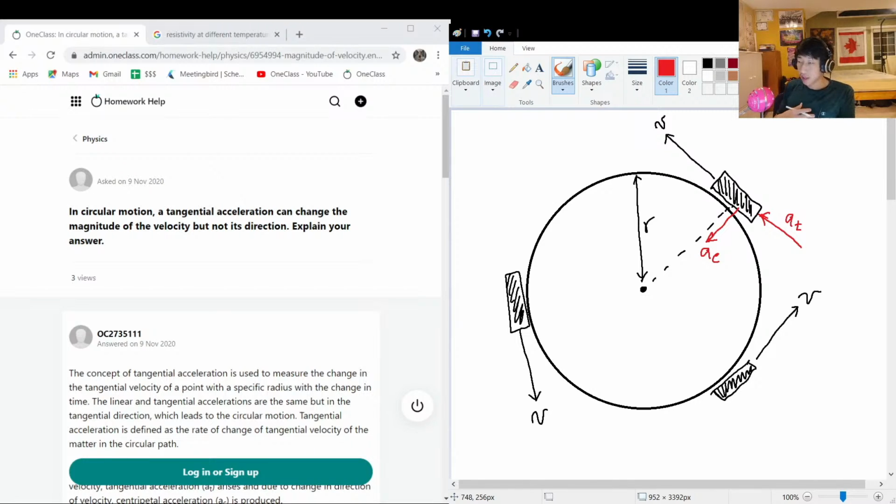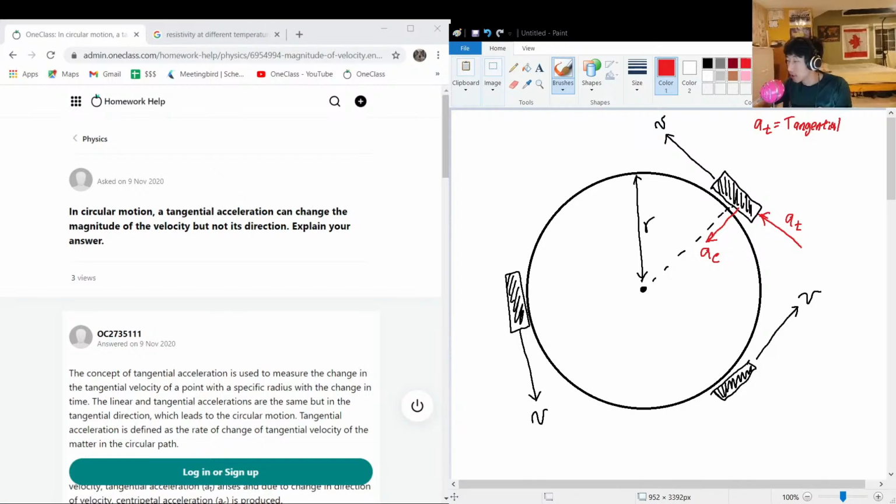I'll write out what they are. Oops, looks like my webcam is covering that, so I'll shrink that down a bit. Okay, so tangential acceleration, and AC is centripetal acceleration.